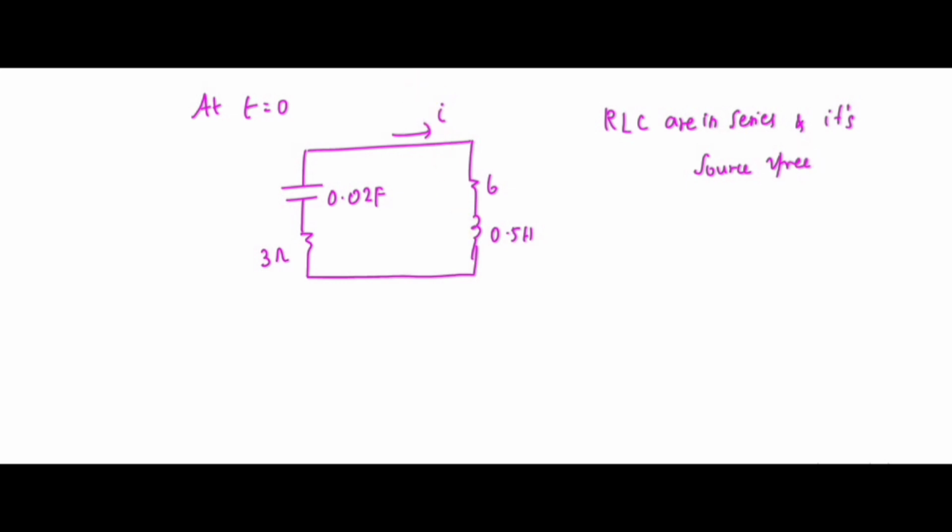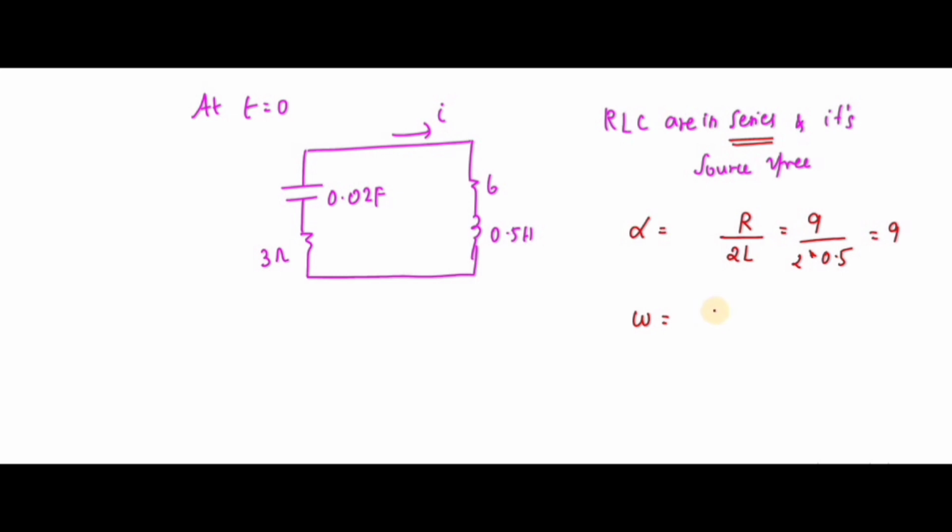So I need to find the value of alpha. If it is series, the formula is alpha equal to R divided by 2L. What is the value of R? R is 6 plus 3, that is 9, divided by 2 into 0.5, so the answer of alpha is 9. What is omega?